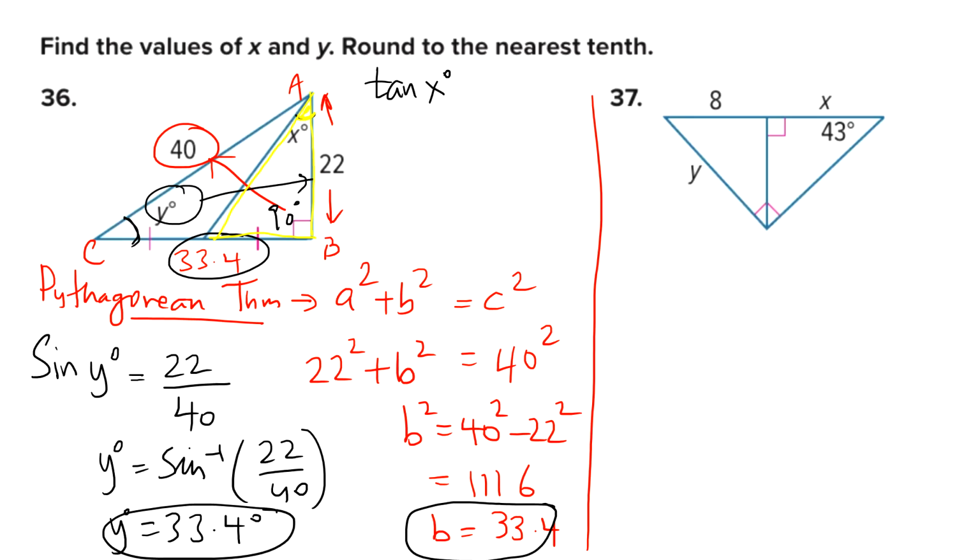So tan of x degree. SOHCAHTOA, don't forget that. TOA means tan is opposite over adjacent. So what is the side opposite to this one? It is going to be half of 33.4, because this length and this length are given to be equal. So 33.4 divided by 2, that's going to be 16.7, divided by the length of the adjacent. Adjacent is given to be 22.